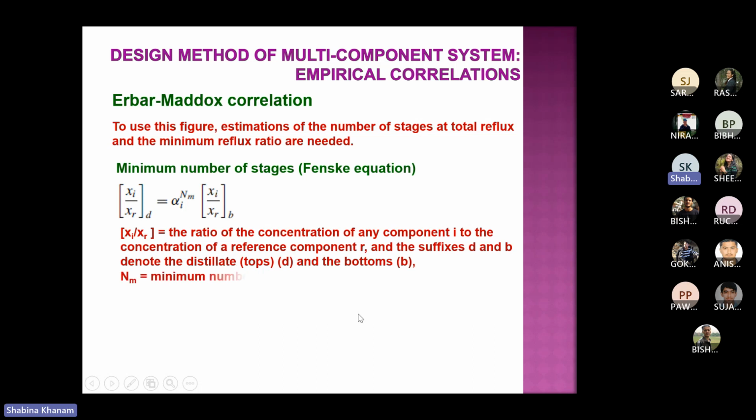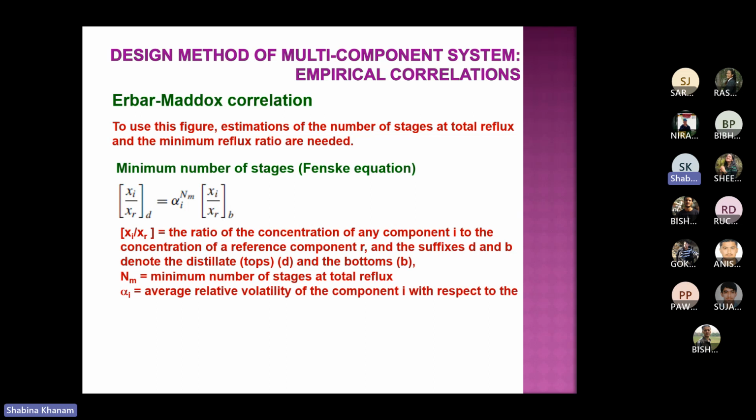Nm is the minimum number of stages, and alpha i is the relative volatility of the ith component with respect to the heavy key reference component. However, when we consider a multi-component system, first of all we need to identify the light and heavy key.